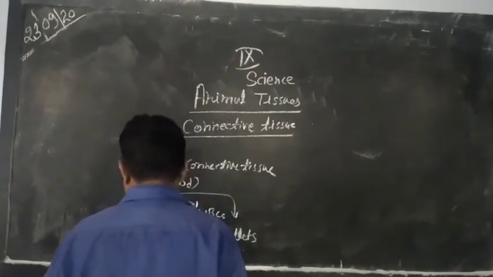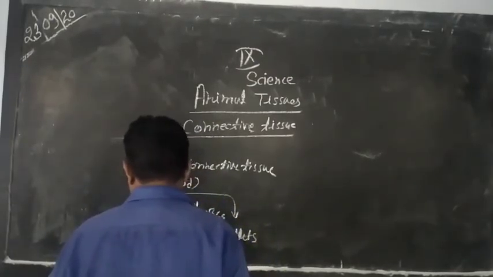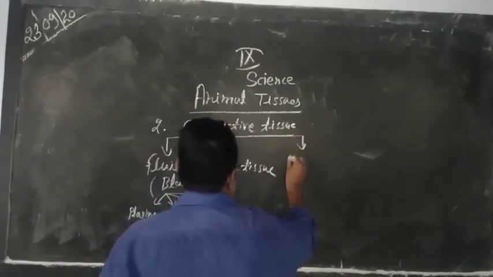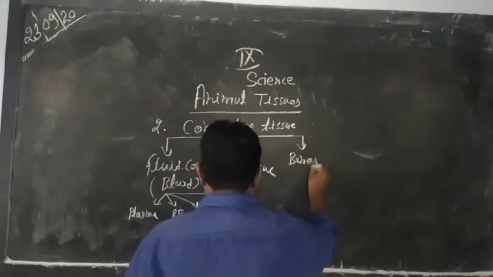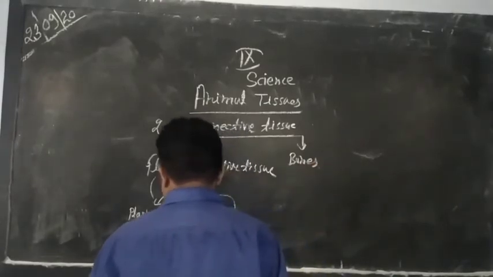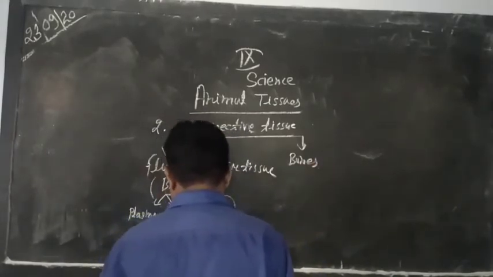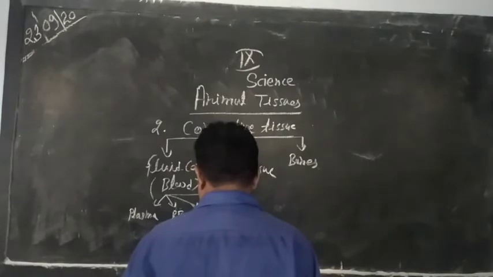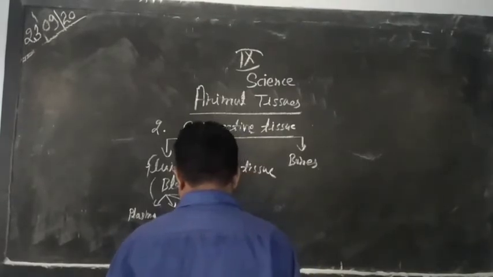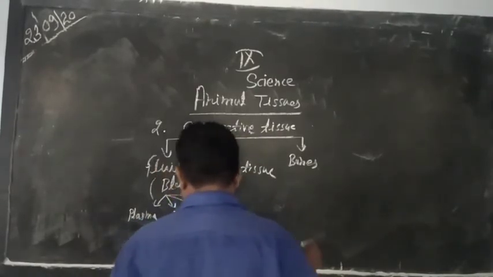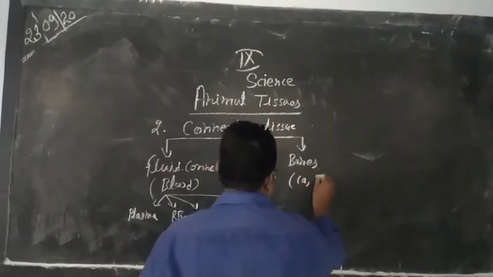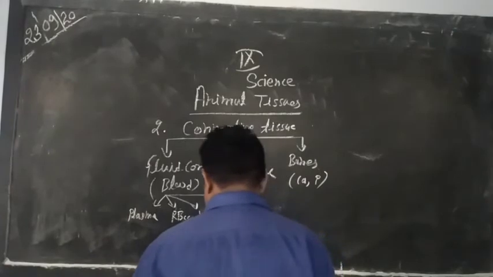So first one is blood, second one is bones. It's made up of calcium and phosphorus. So bones are made up of calcium and phosphorus.